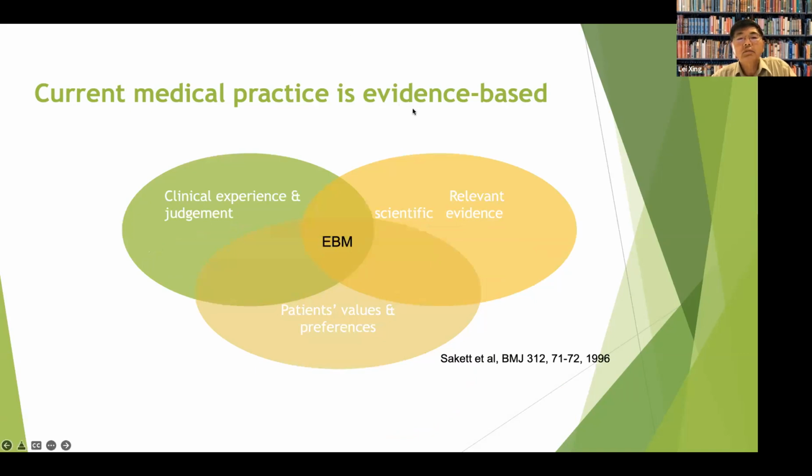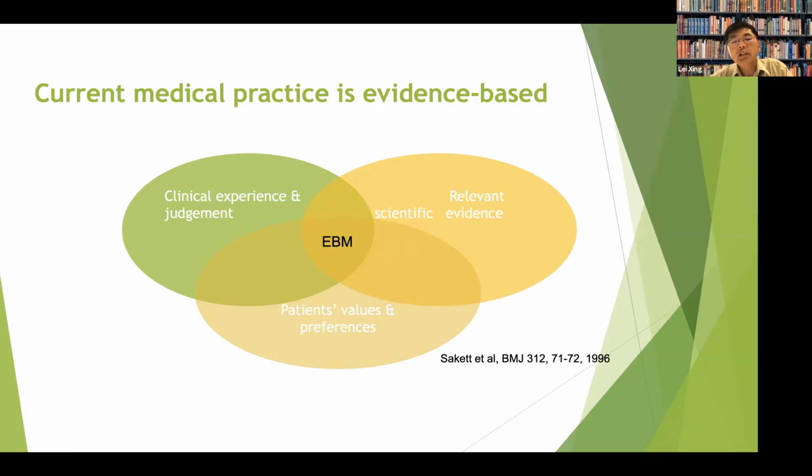So current medicine is so-called evidence-based medicine, right? It's a very fancy name, but it has a lot of uncertainties. I mean, think about it. There are three pillars: clinical experience, which just depends on how your physicians are trained; scientific evidence, which is abundant, but a lot of the time there is a lot of conflicting evidence.